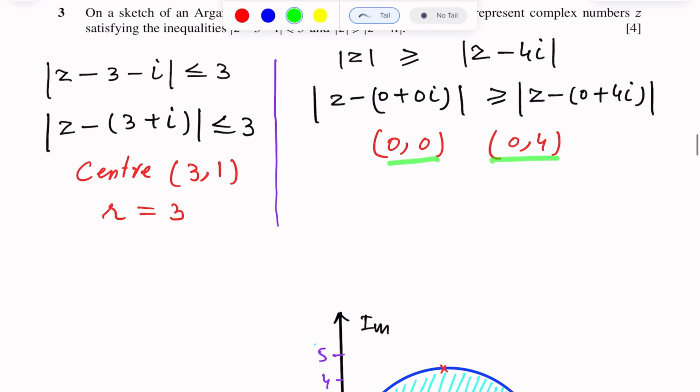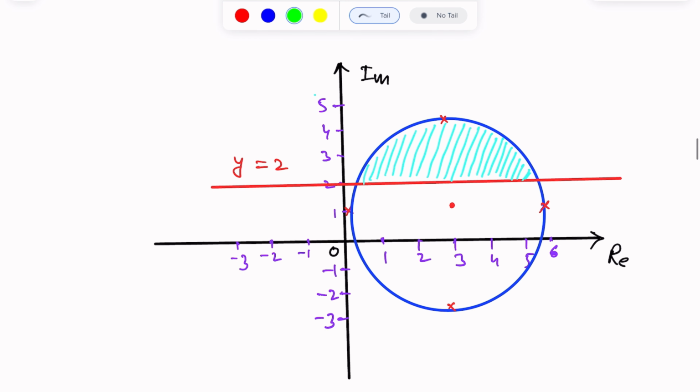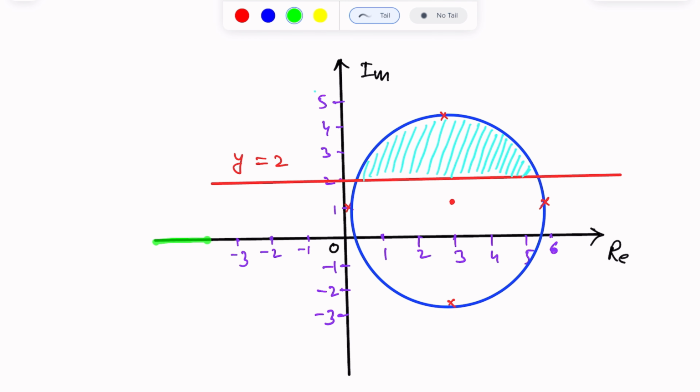That will be the locus. So look at this diagram. First we draw the axes: x-axis is the real axis and y-axis is the imaginary axis.